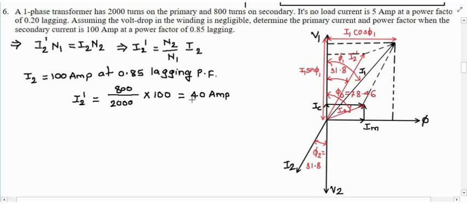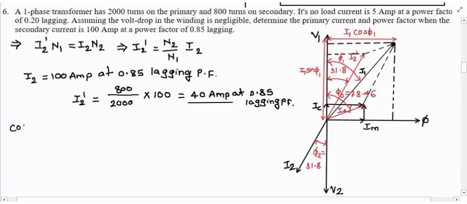At 0.85 lagging power factor, the secondary PF is 0.85.